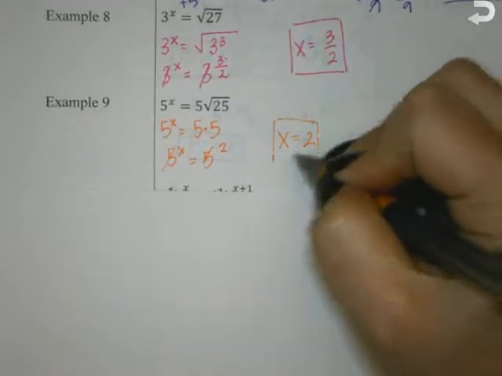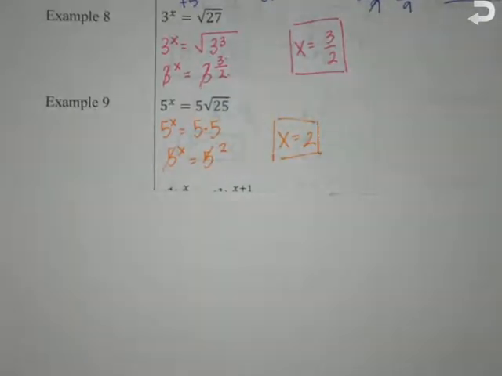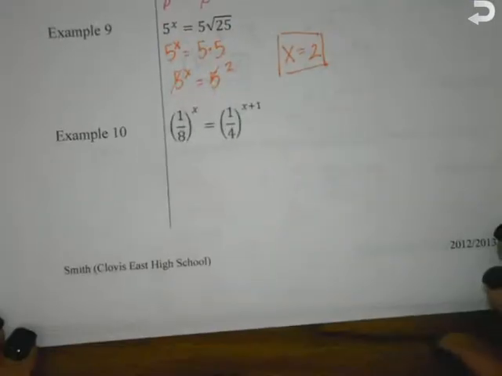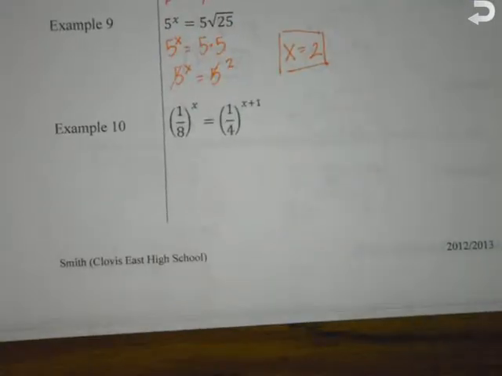Okay. I know it wasn't as complicated as I thought. Last one. 1 over 8 to the x equals 1 over 4 to the x plus 1. Guys, question.